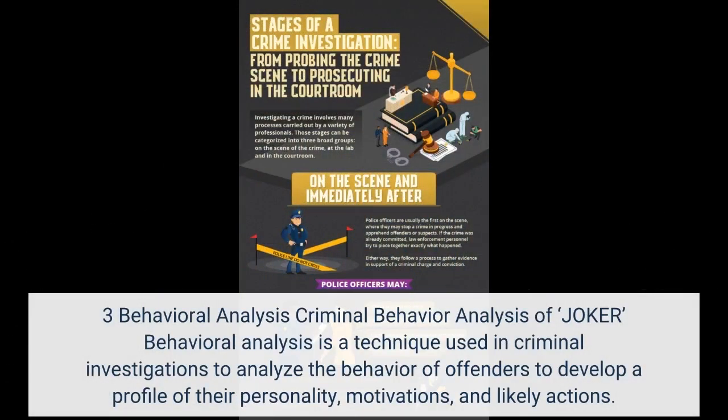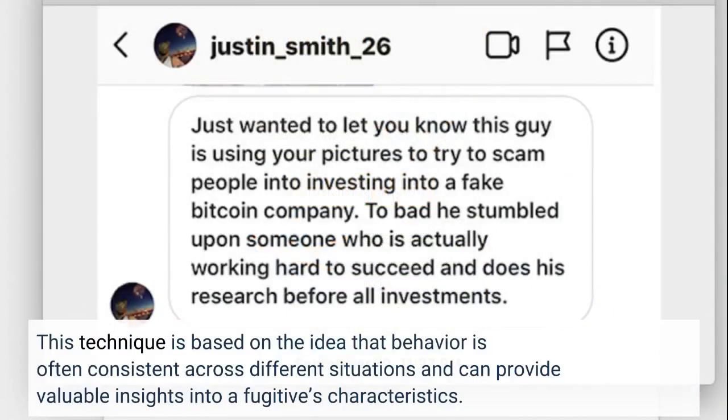3. Behavioral analysis. Criminal behavioral analysis is a technique used in criminal investigations to analyze the behavior of offenders to develop a profile of their personality, motivations, and likely actions. This technique is based on the idea that behavior is often consistent across different situations and can provide valuable insights into a fugitive's characteristics.